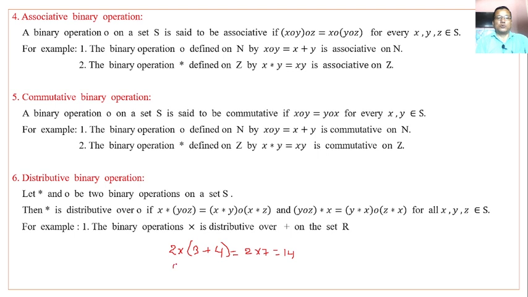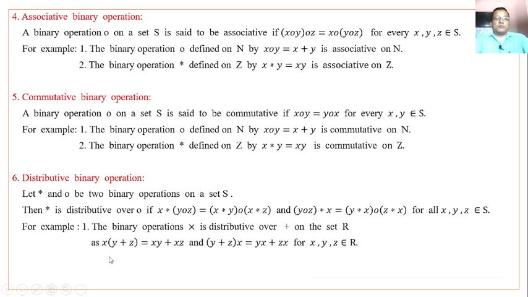Also, 2 into 3 plus 2 into 4, their value is 6 plus 8, that is 14. Therefore, these are equal. X times of (y plus z) equal to xy plus xz, and (y plus z) times of x equal to yx plus zx, for x, y, z belongs to R.